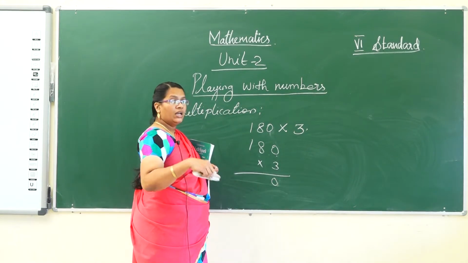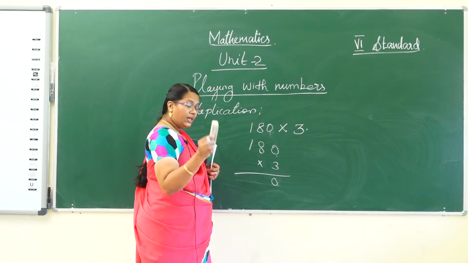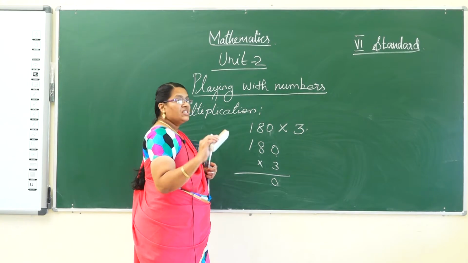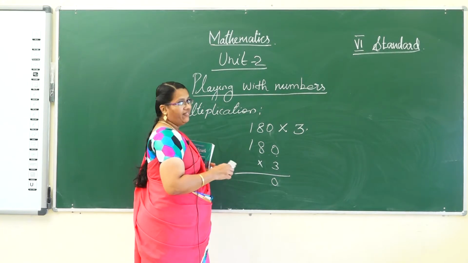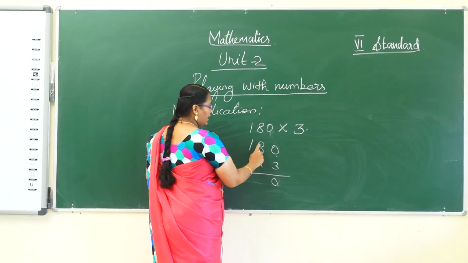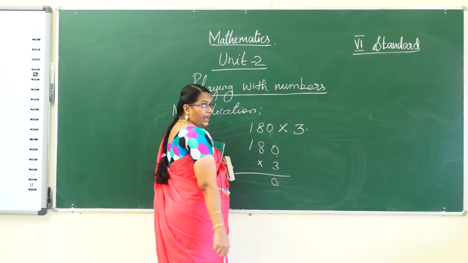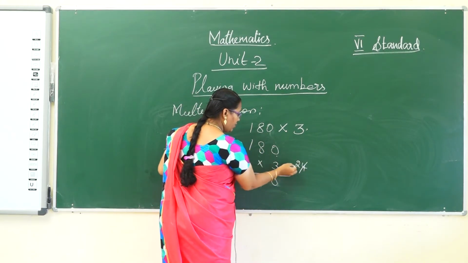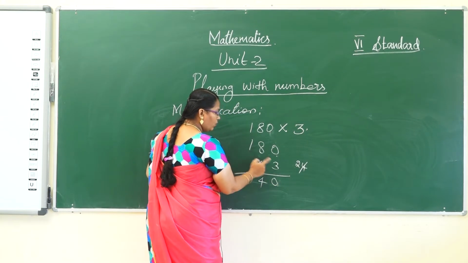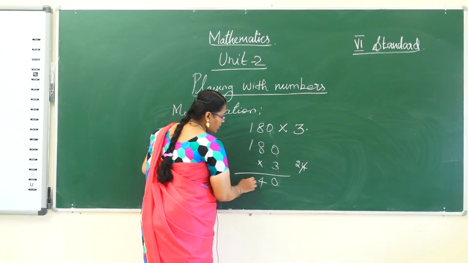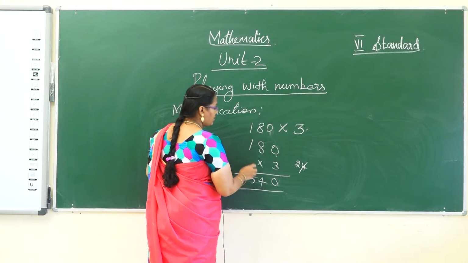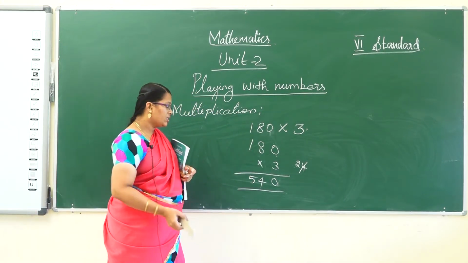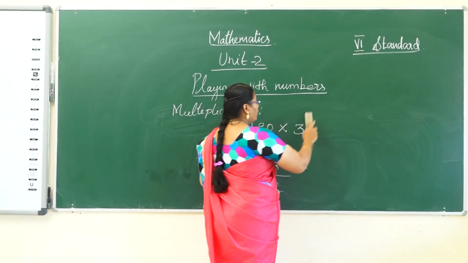We get the value 0. Then 3 eights are 24, so write 4 here and carry 2. 3 ones are 3, 3 plus 2, 5. So the product of 180 and 3 is 540.